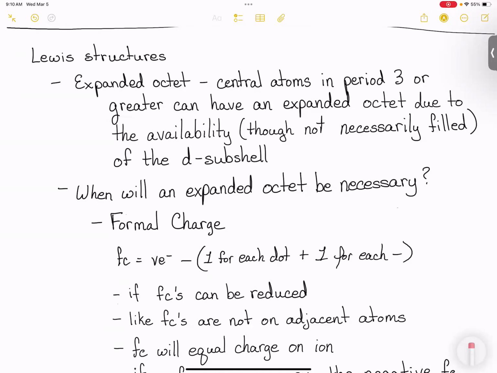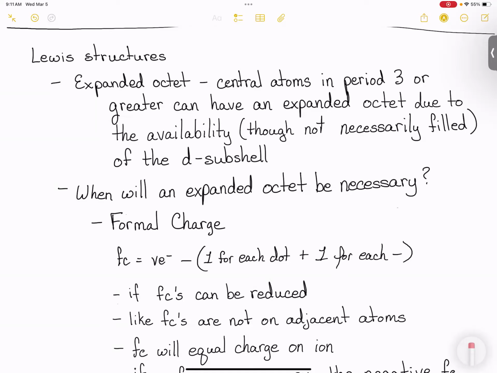Basically, we took the elemental symbol, and that elemental symbol not only identified what element it was, but represented all of the core electrons. Around that elemental symbol, we placed the valence electrons as dots. The reason we place the valence electrons as dots is because those valence electrons are responsible for the element's reactivity.